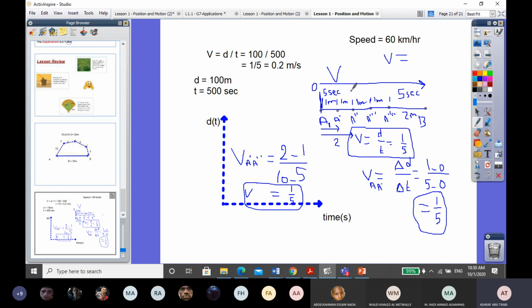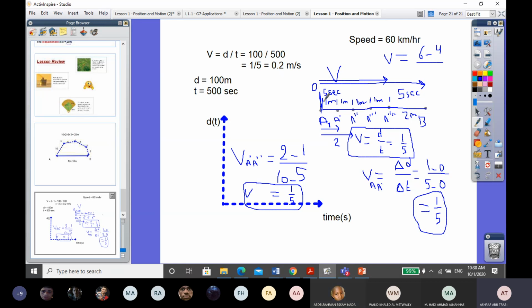Let's count it. 1, 2, 3, 4, 5, 6. So it's 6, minus from A to A prime here, guys, is what? Let's count. 1, 2, 3, 4. So it's 6 minus 4. As you say, it's 2. Excellent. Over what, guys? Over the time.